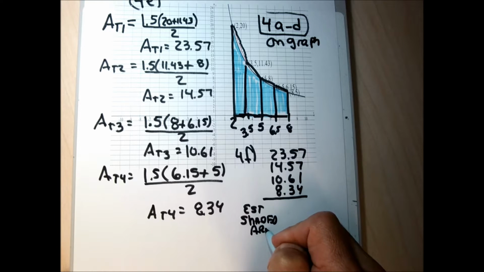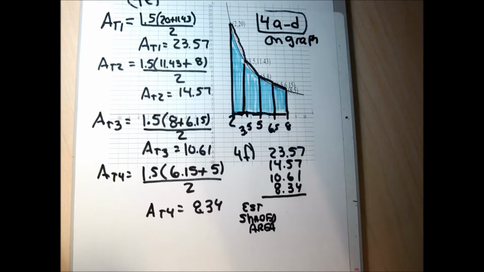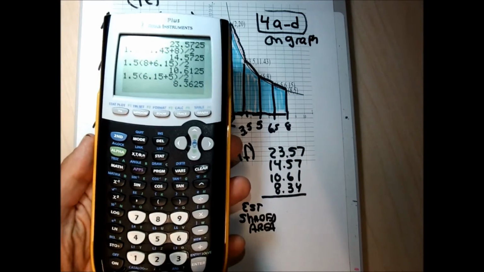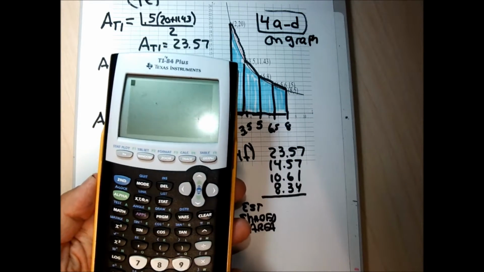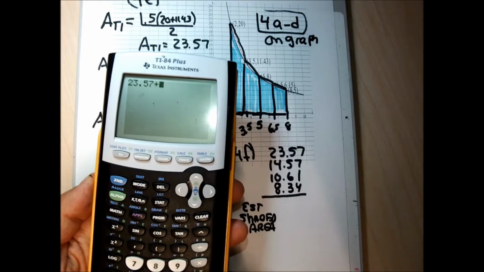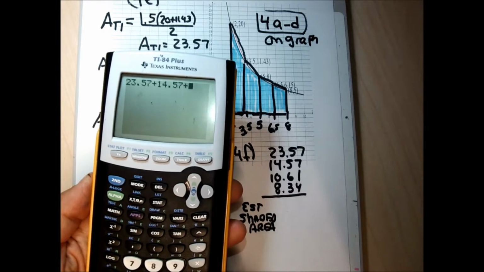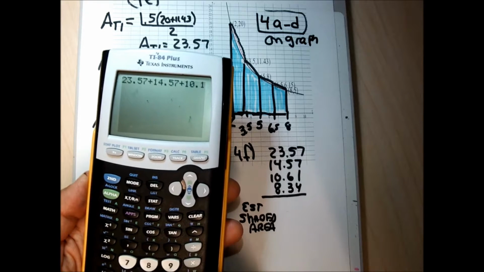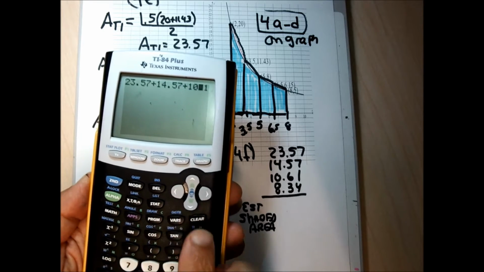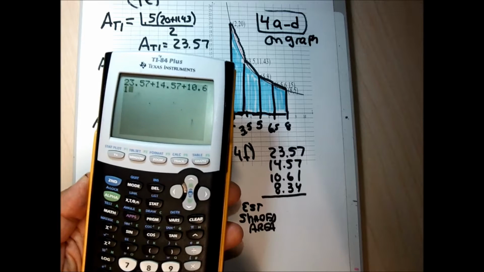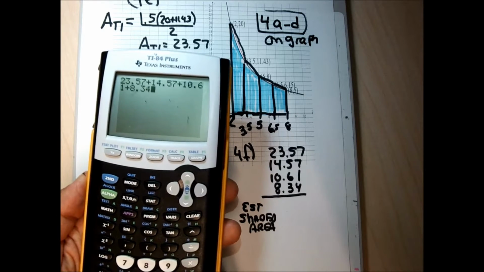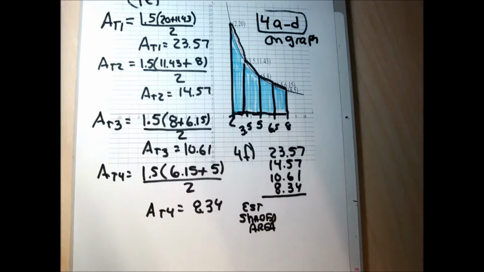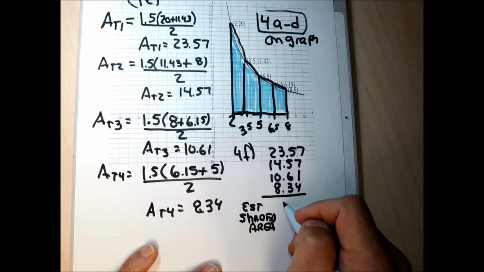It's not exact because those trapezoids don't fit the graph perfectly, but with 4 trapezoids the gap is less than it was with 2. So let me just add these up now. 23.57 plus 14.57 plus 10.61 plus 8.34, and I get 57.09 as my estimate of the shaded area.